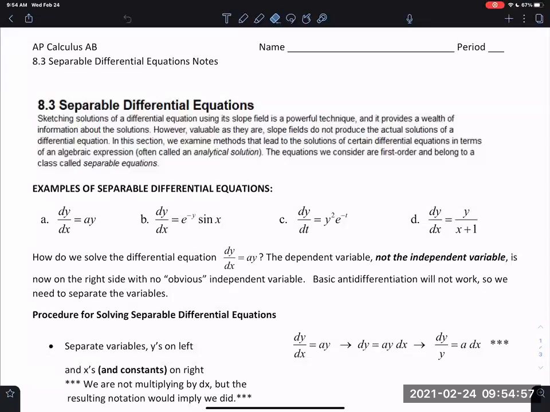So I have 4 examples of what separable differential equations may look like. And notice what's a common theme. There is a y value in all of them. And then the other thing to notice is that they are all products or quotients. So basically what we're talking about here is easily separable.